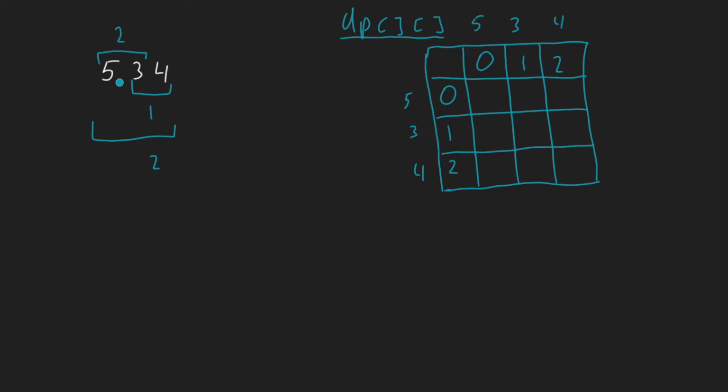And again, for this scenario, the maximum is 1. Let's say we are adding 1 more element to the left, and Alice starts from here, so 5. If Alice takes 5, then Bob also will play optimally. Bob will have 1, because Alice starts from here. Alice takes 5, and 5 minus 1 gives us 4.